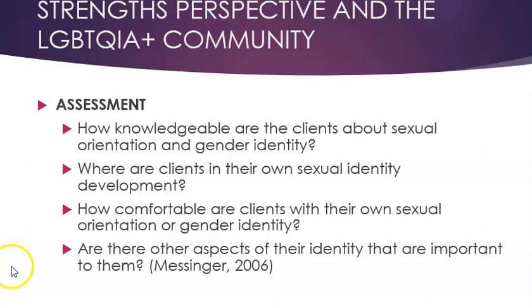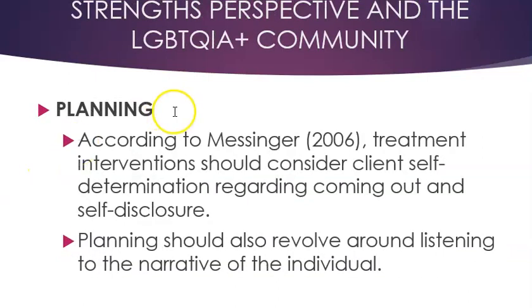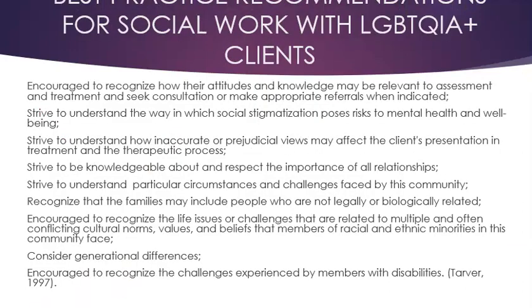And are there other aspects of their identity that are important to them? And the third is planning. According to Messenger, treatment interventions should consider client self-determination regarding coming out and self-disclosure, and planning should also revolve around listening to the narrative of the individual.